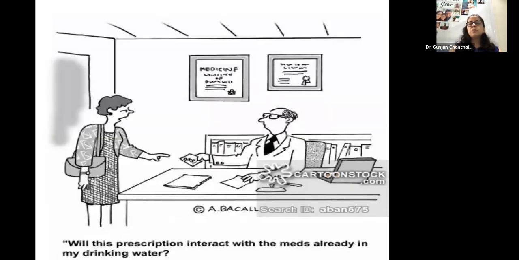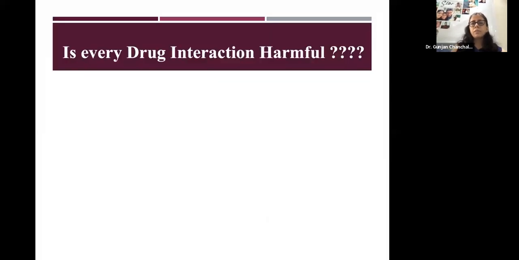Whenever a drug is prescribed on an OPD basis, most of the patients do ask what will be the interactions, is it safe? But these ICU patients, unfortunately, are not in a position to question. And with the stress level, many family members also are not. So we have to be very vigilant about what the drugs can interact with.